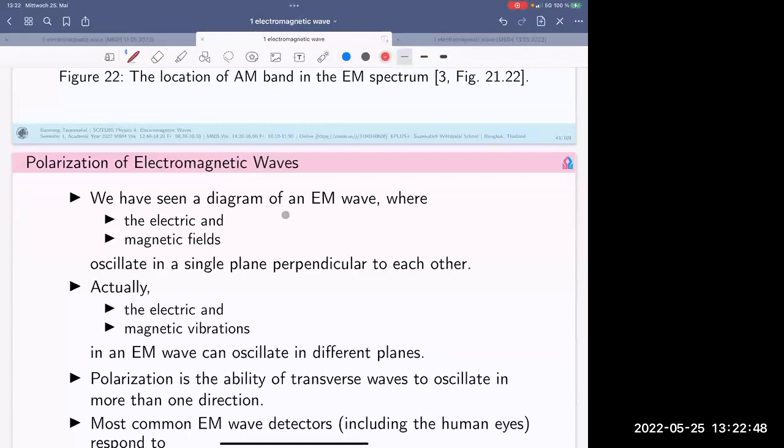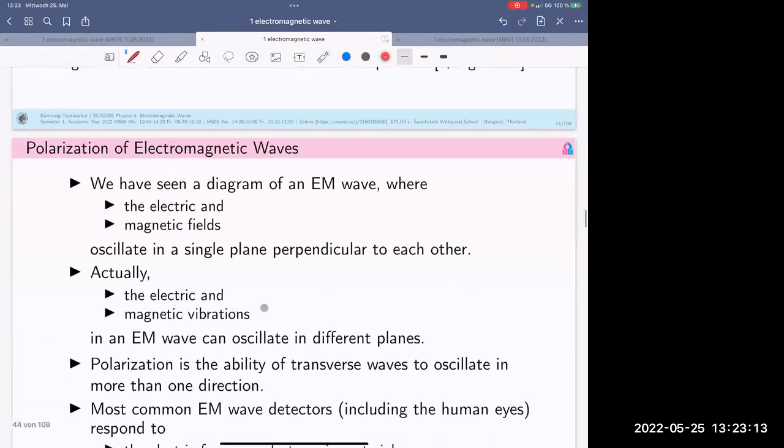As you have seen in the diagram of an electromagnetic wave, you can see that there are electric and magnetic fields, right? Both fields oscillate in a single plane, perpendicular to each other, and the traveling direction is perpendicular to both planes.